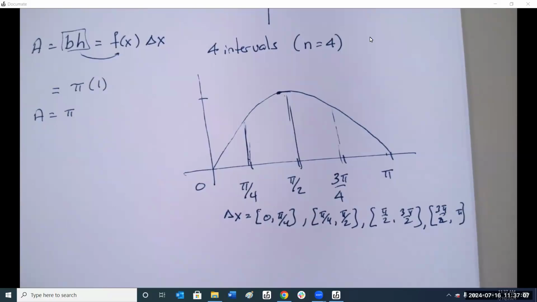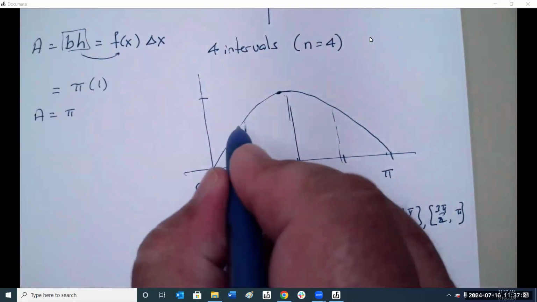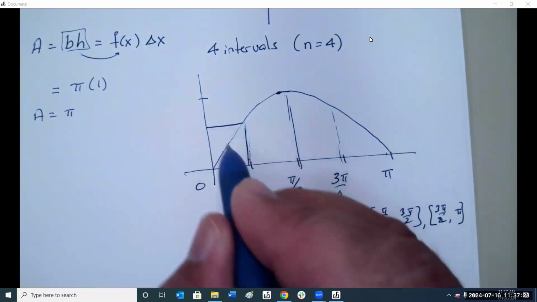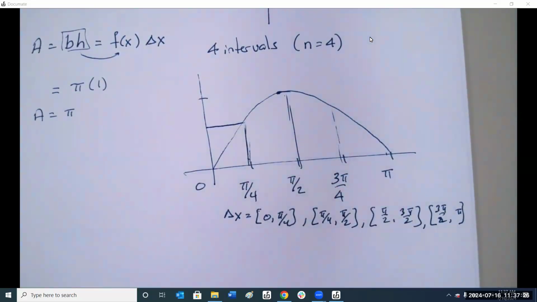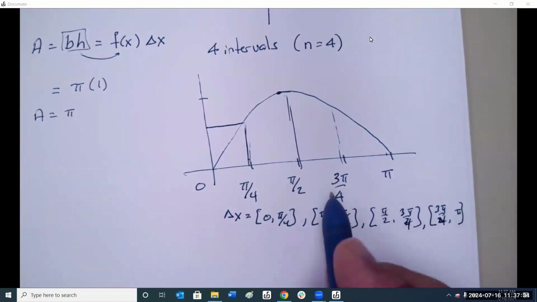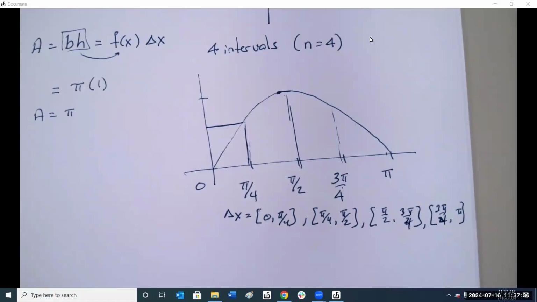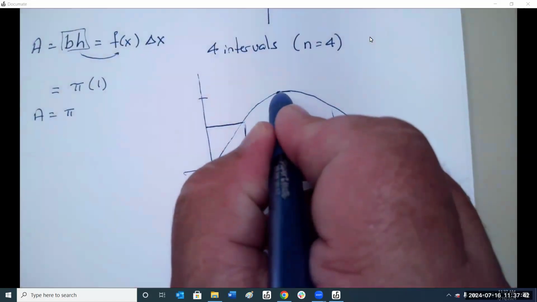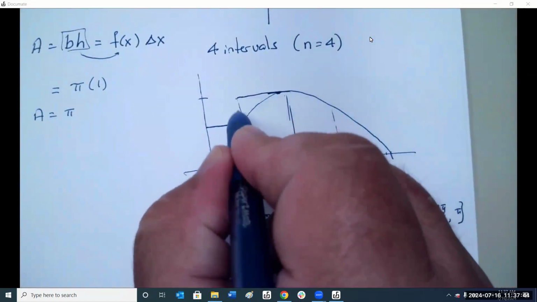To make sure that we include all of our function in all of our intervals, we have to look at this in a special way, because we're going to make rectangles. So our first rectangle will be this one. And then here we have another interval.